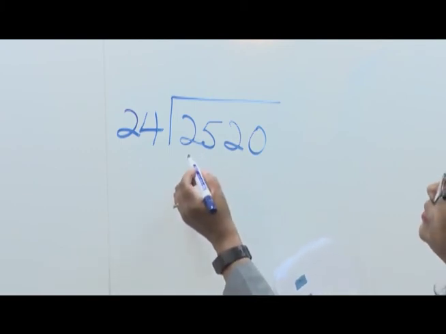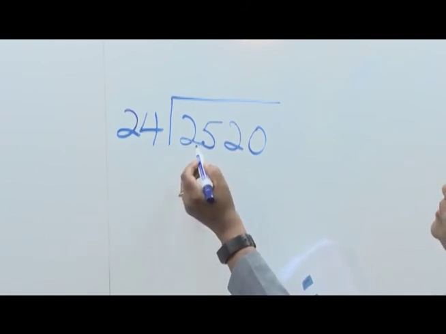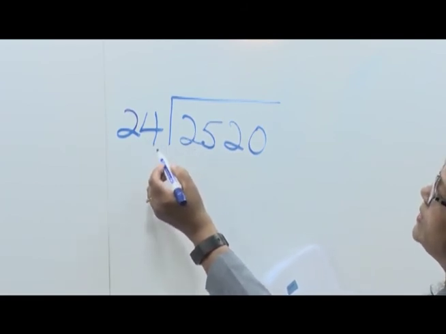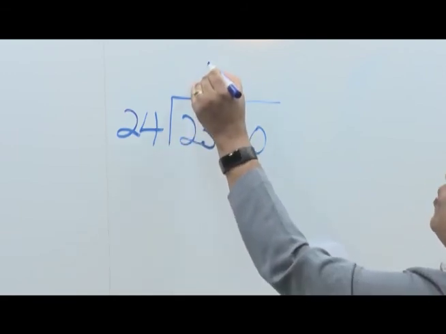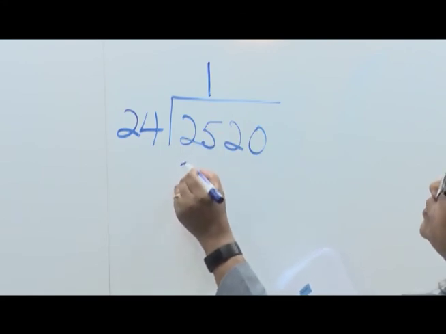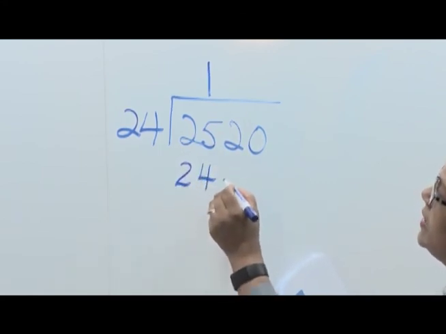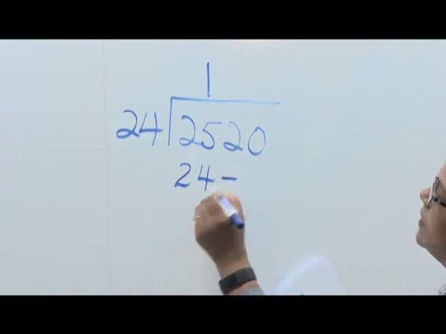So we begin with the first 2 digits, 25. 25 can be divided by 24, and I'm going to get 1. 1 times 24 is 24, and I'm going to subtract that from the 25.